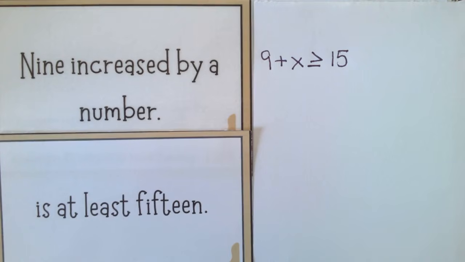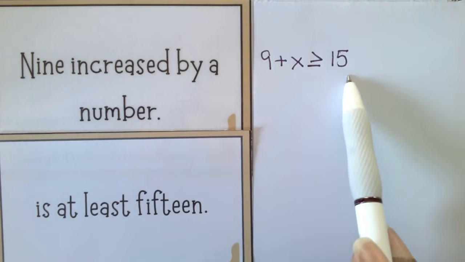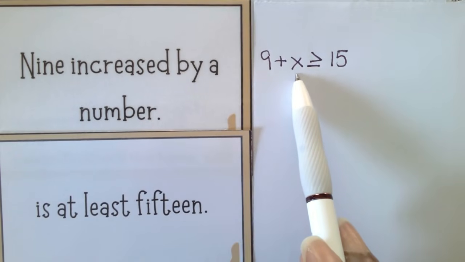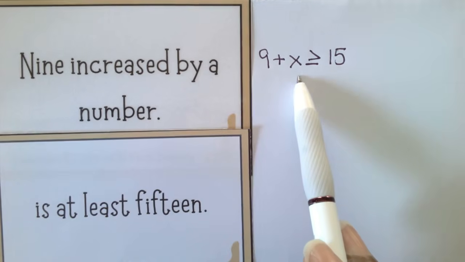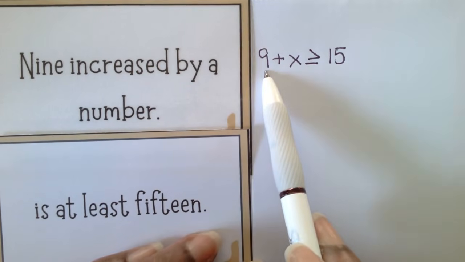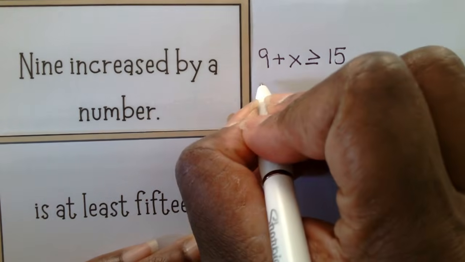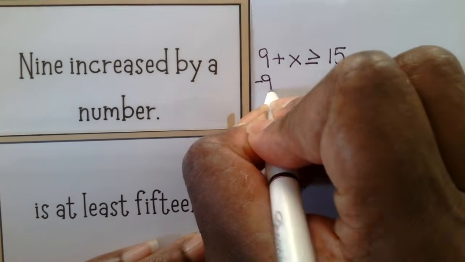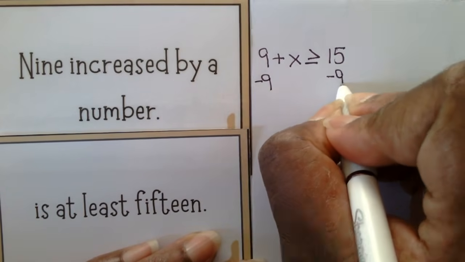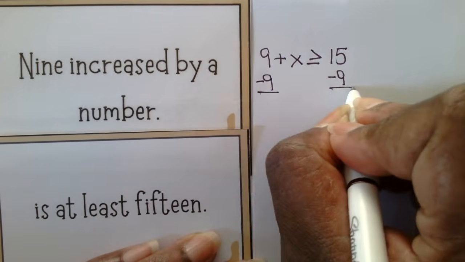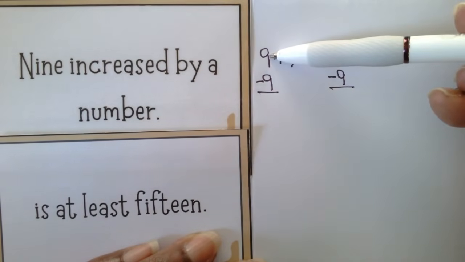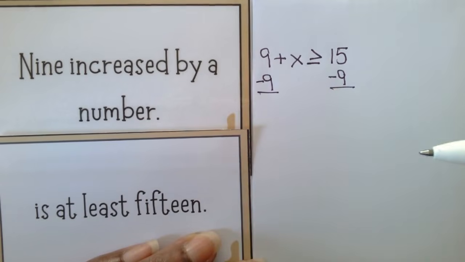All right. Since the 9 and the 15 are not on the same side, in order for x to be by itself, we're going to need to subtract the 9 on both sides. The reason why you're subtracting is because this 9 is positive.